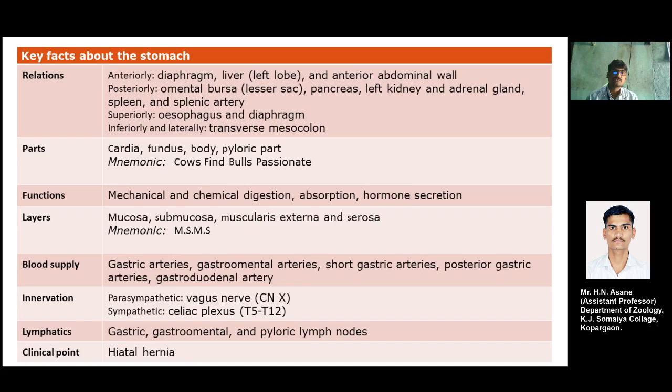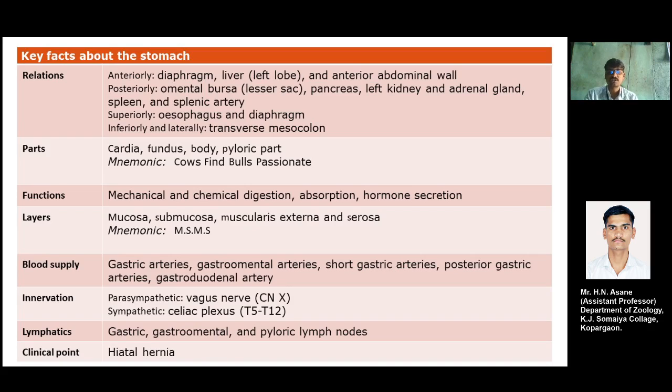We have also seen the layers of the stomach wall: mucosa, submucosa, muscularis externa and serosa. In the case of ruminants, one more layer or sac is added. Then we have seen the histology of the stomach.